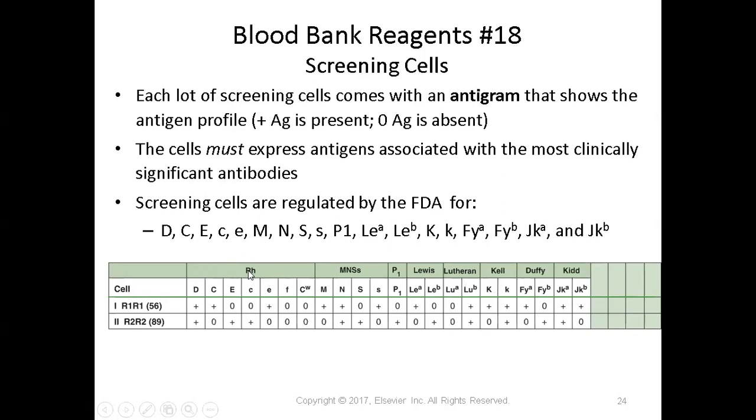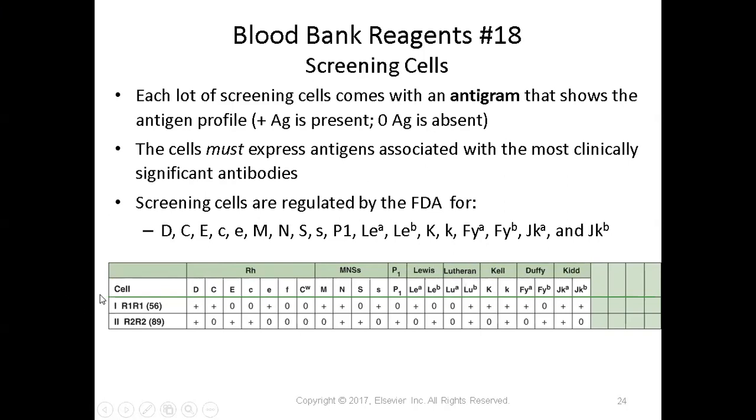Across here are other blood group systems that we will be talking about a little later in module 2, I believe: the RH system, MNSs, P1, Lewis, Lutheran, Kell, Duffy, Kidd. Remember, we're not using screening cells for ABO. We're using them to find antibodies to antigens of these other systems.